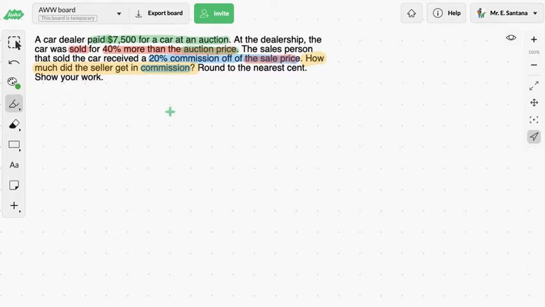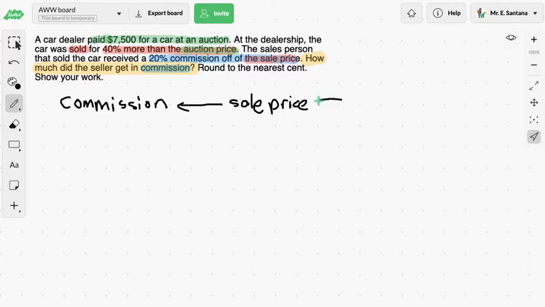First, it's a good time to understand working backwards a little bit. I need to get the commission. To get the commission, that comes from the sale price, as it says right there. In order to get the sale price, that comes off of the auction price.